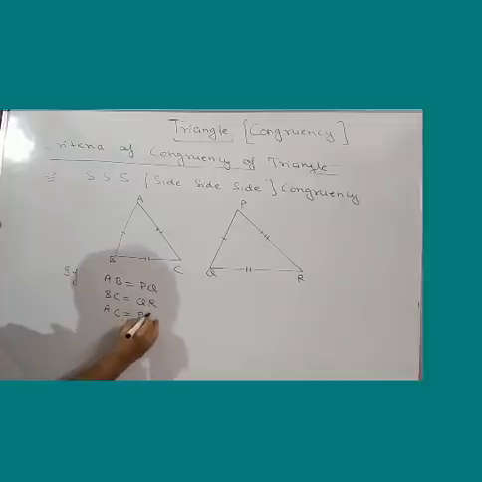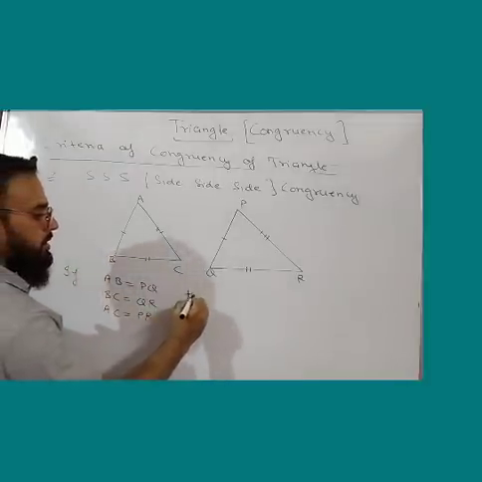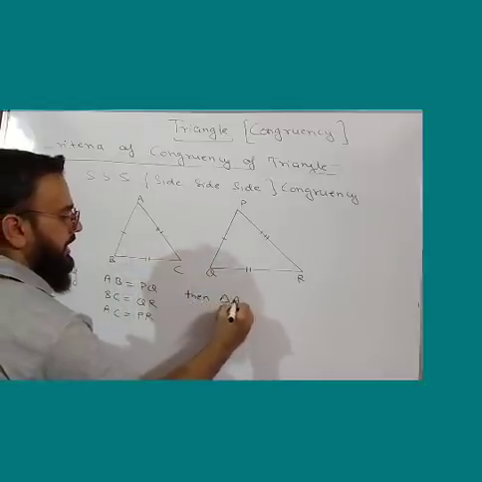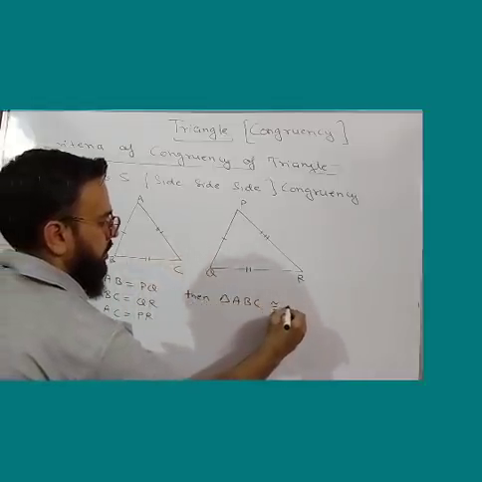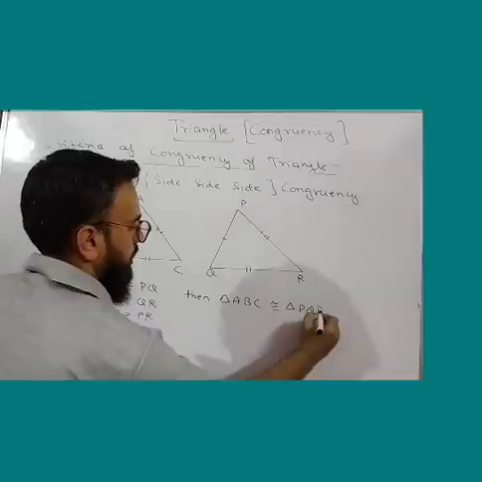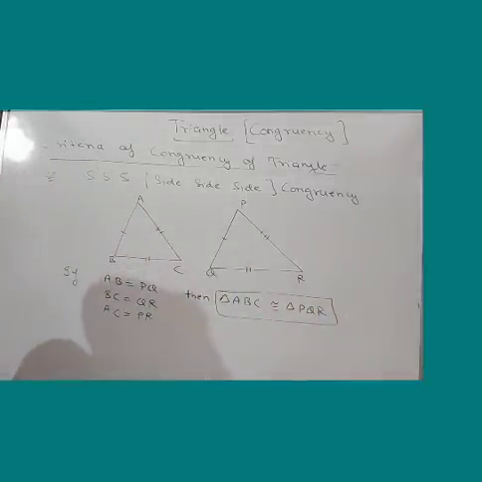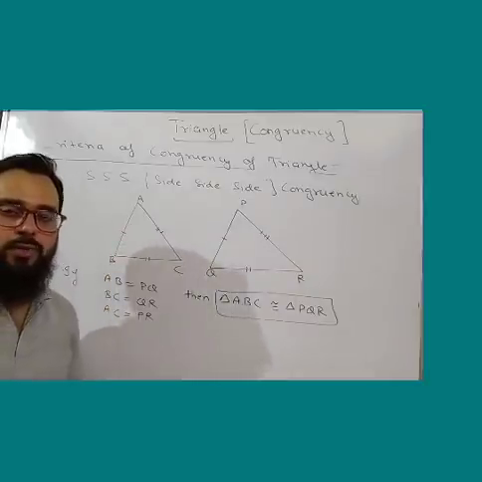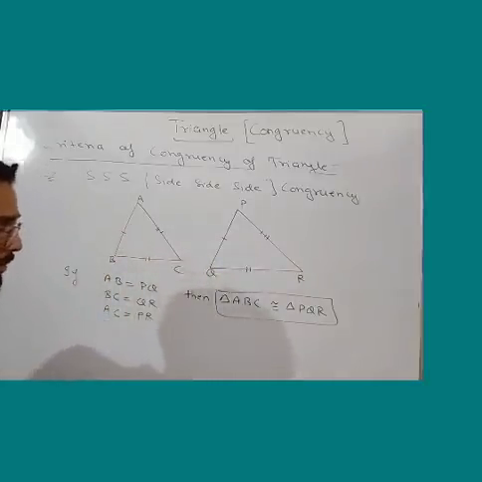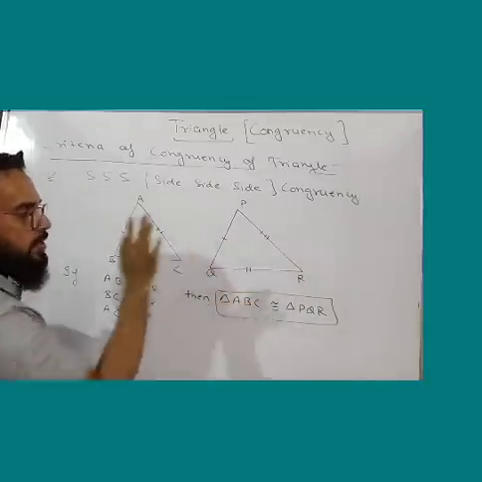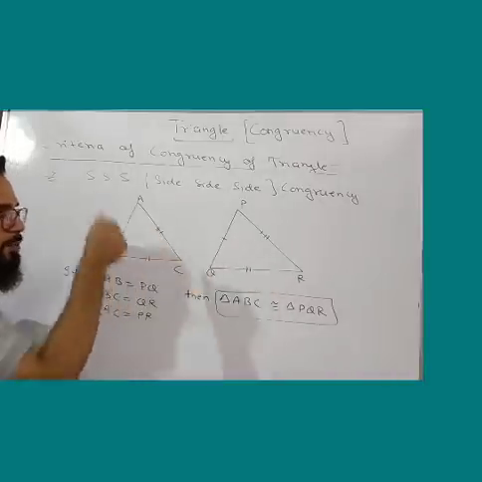If this condition holds, then triangle ABC will be congruent to triangle PQR. This condition is known as the side side side condition, if all the three sides of both the triangles are equal.